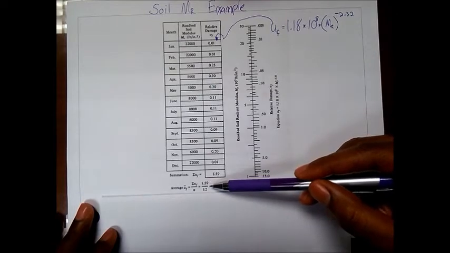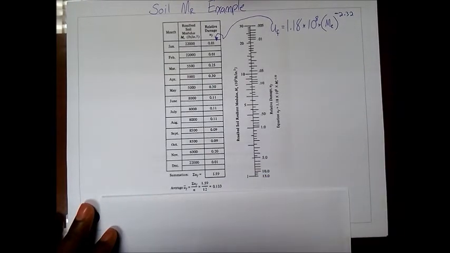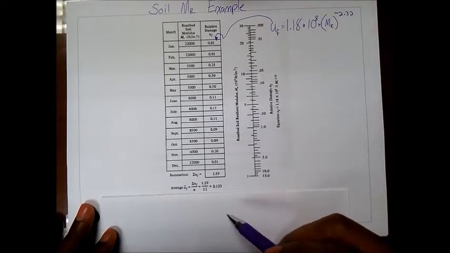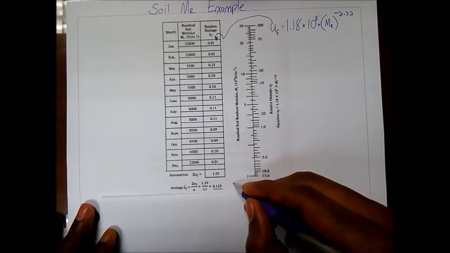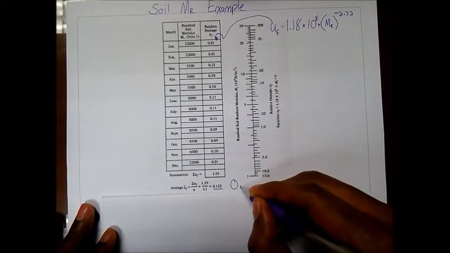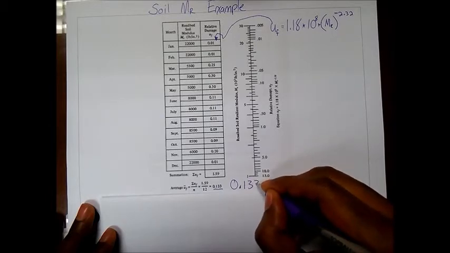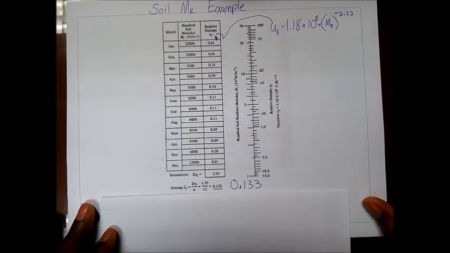And in order to do that, since it's 12 months, they divided by 12. Now, if I only give you 4, then you just need to divide by 4. Okay? But in the end, they ended up getting an average of 0.133. So that's the average relative damage.